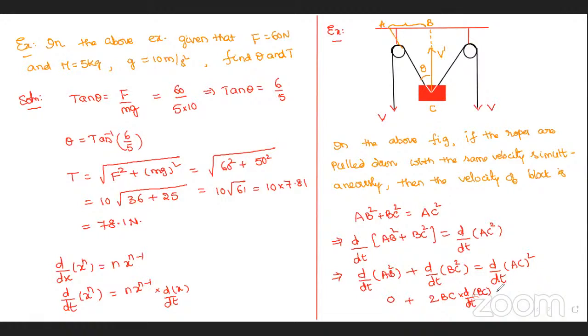If you understood this part, say the other part here. d by dt of AC square means like x square, d by dt of x square is 2x into dx by dt. In the same way here, 2AC into d of AC by dt.